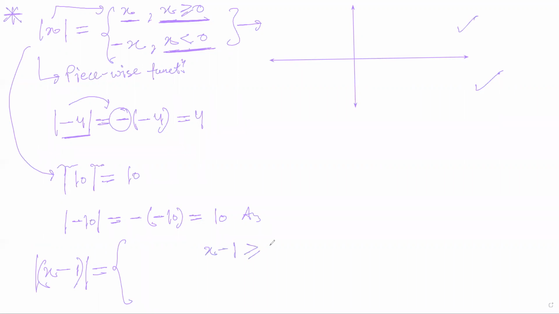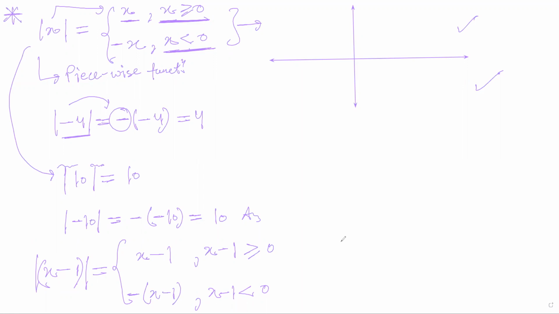Either this x -1 must be positive or this x -1 must be negative. There are only two possible cases for the value inside a modulus. Either it is positive or it is negative. If this value inside, that is x -1, is positive, the answer would be the value itself. If this value inside the modulus is negative, that is, if x -1 is negative, the answer would be negative of the value.